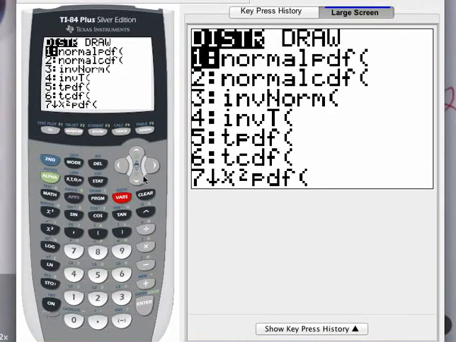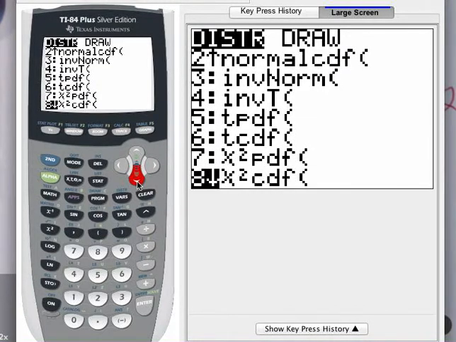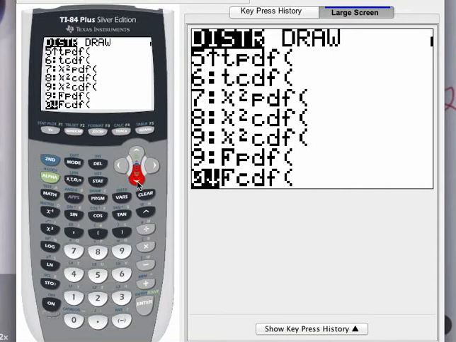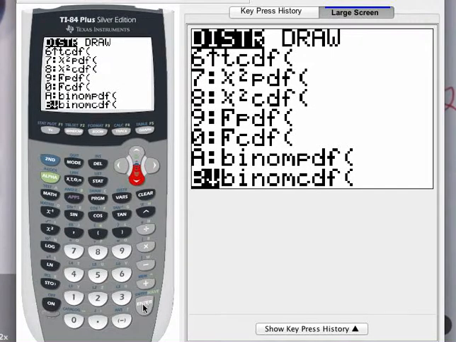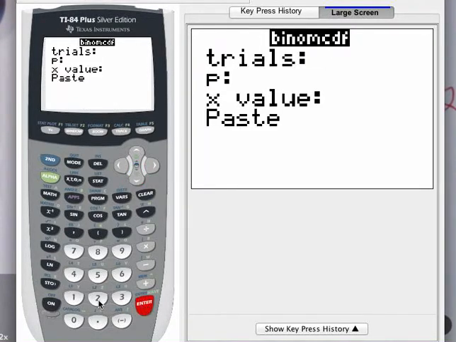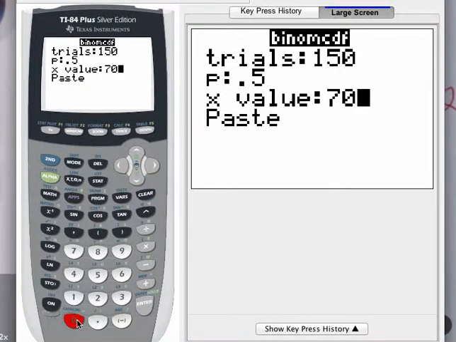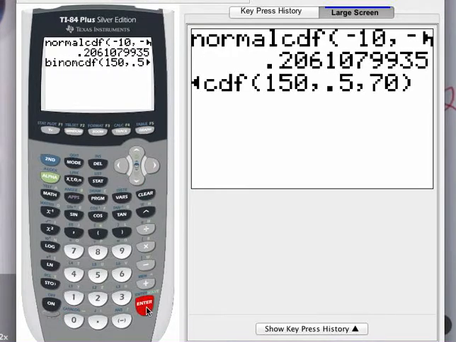So if I hit second variables, again, it takes me a while on this emulator to go down and grab the binomial CDF command. Should be getting close here. There it is. So my number of trials, there are 150 trials. The success probability, p, is 0.5. And I want to include all the values up to and including 70. So there we go. Go down and paste the command into the home screen.